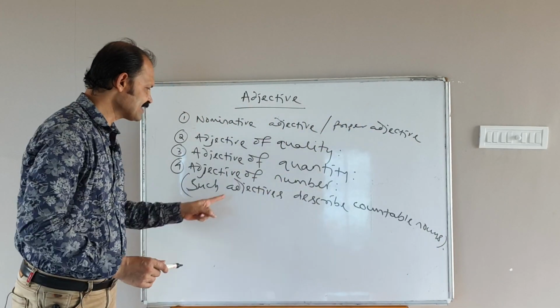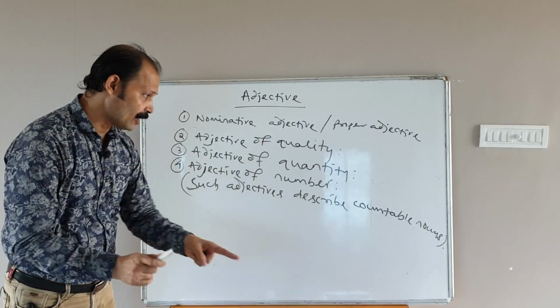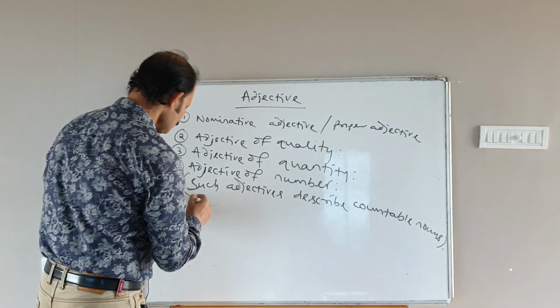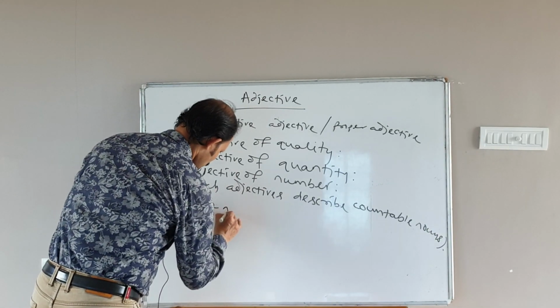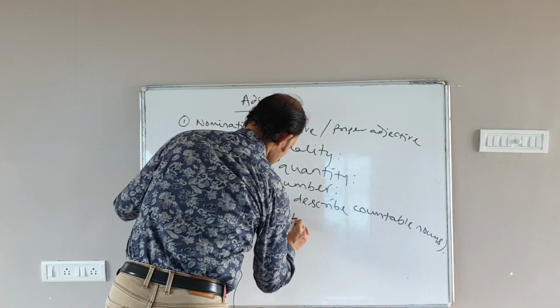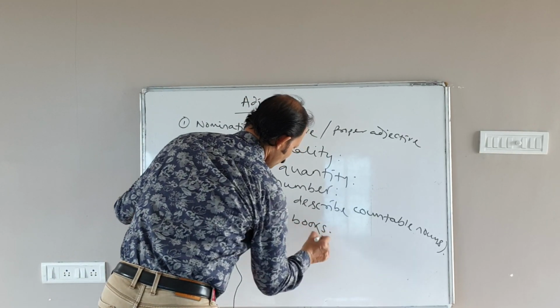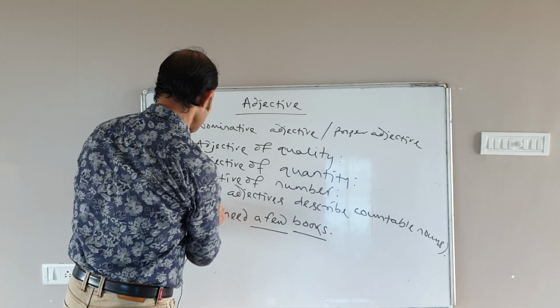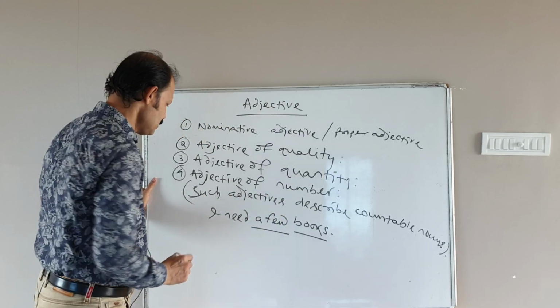Adjective of number describes a countable noun. How? Suppose I need a few books. Here books is noun, a few is adjective of number.